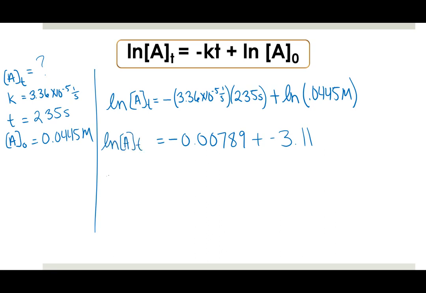Okay, so clean up the right-hand side one more time. Negative 0.00789 plus negative 3.11, and I get negative 3.12.